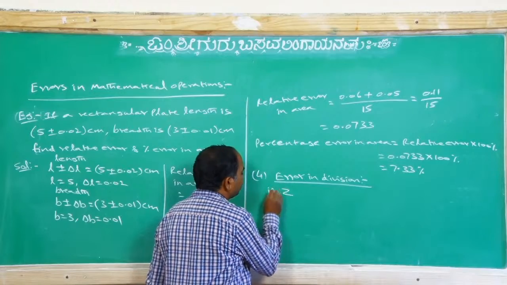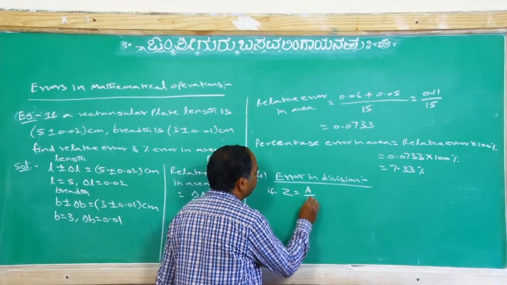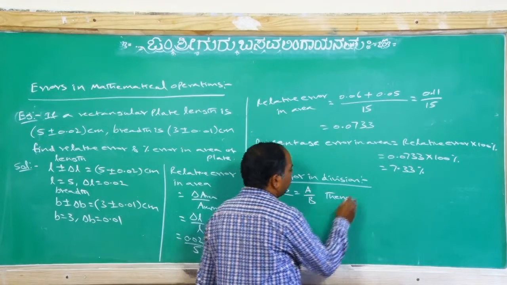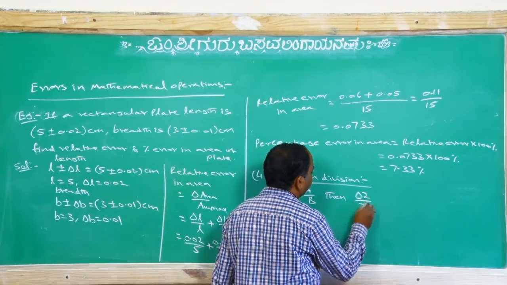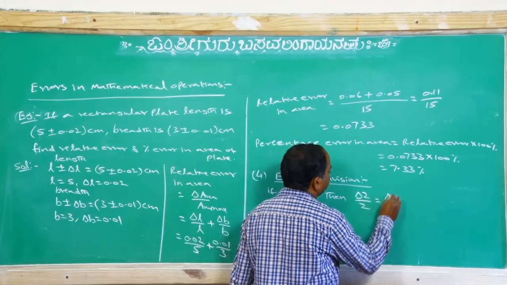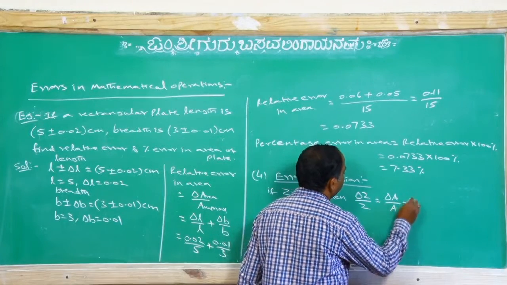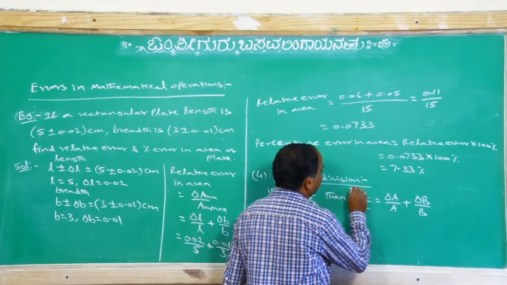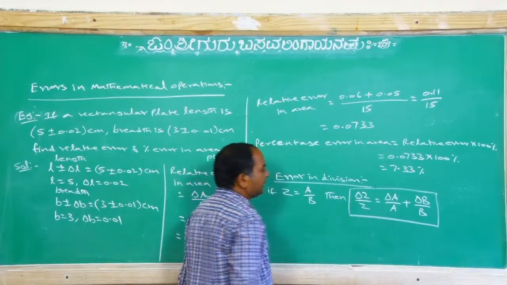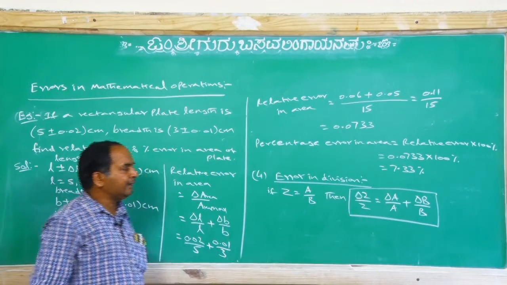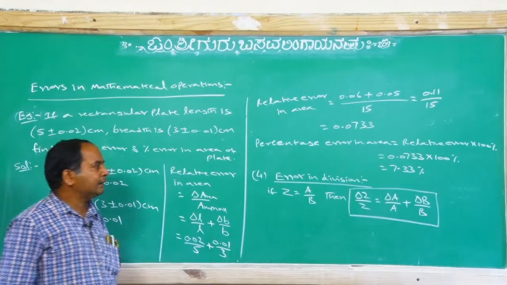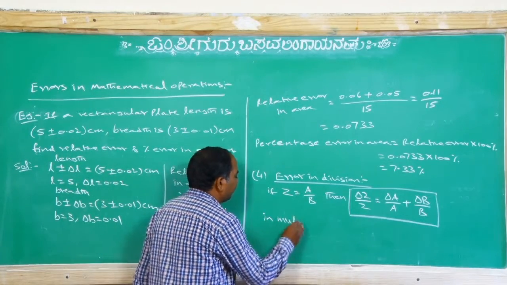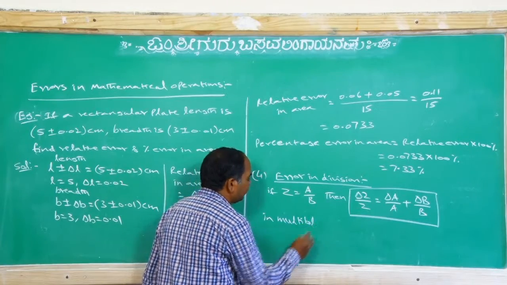If Z is equal to A by B, then delta Z by Z is the same, delta A by A plus delta B by B. That means in multiplication and division, the error will be the same.